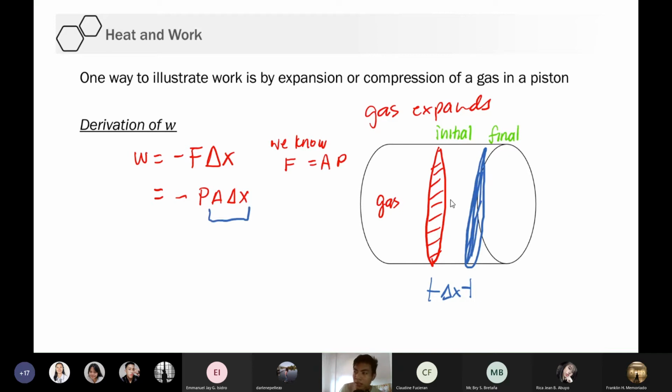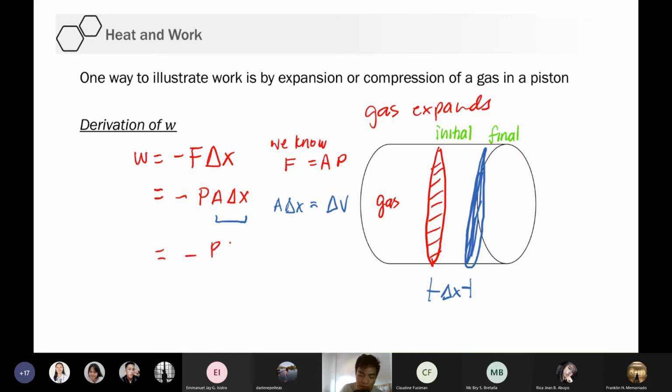That is the volume change, kasi remember, area times height equals volume. So ibig sabihin, itong delta x times the area is the change in the volume of the gas. So, continue tayo.